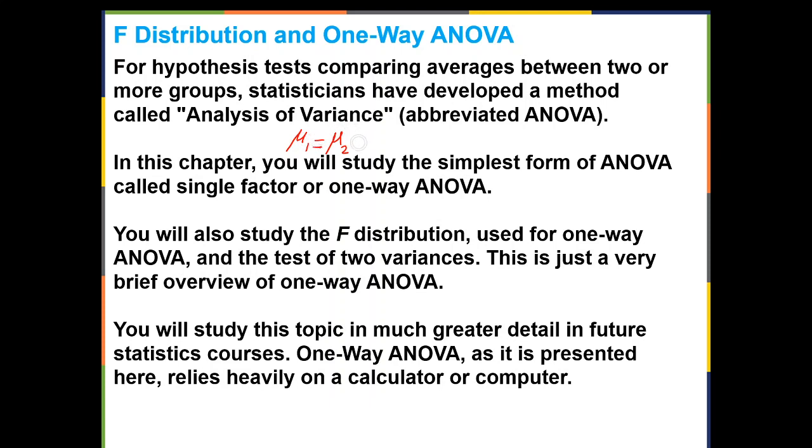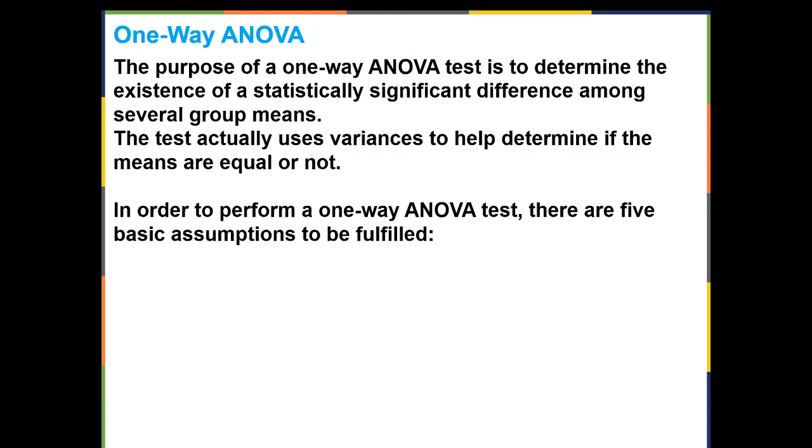So in chapter 13, if we have two or more mu's and we want to compare them, we can use this test, which is called ANOVA, the analysis of variance test. In a second we're going to talk about how it works.